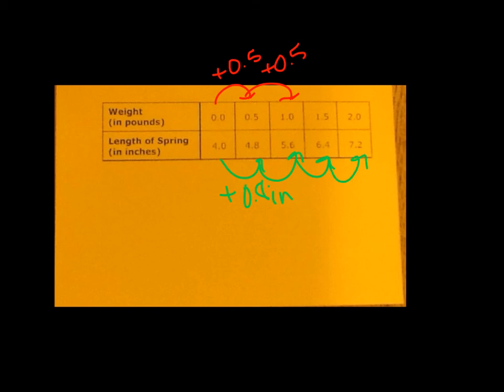So our slope for this is we are increasing by 0.8 inches per ½ pound. Now, personally, I don't like decimals, at the very bare minimum, in the denominator of things that I write for slope.